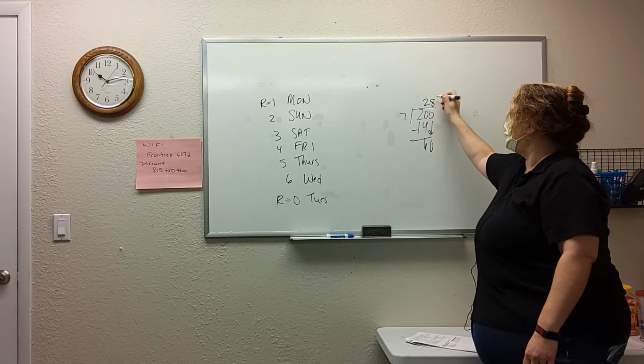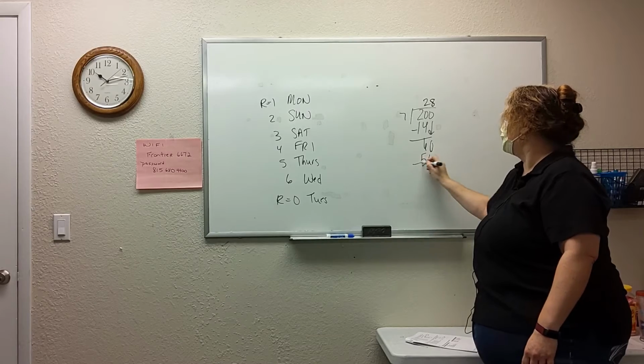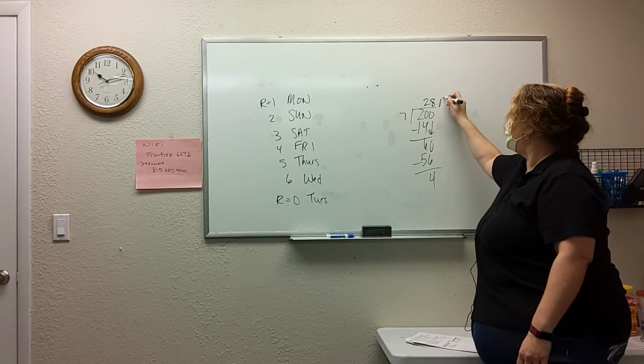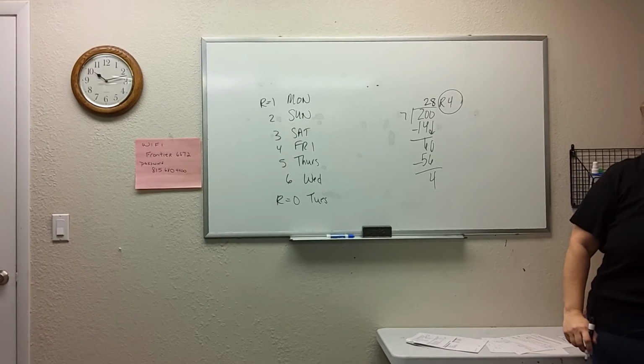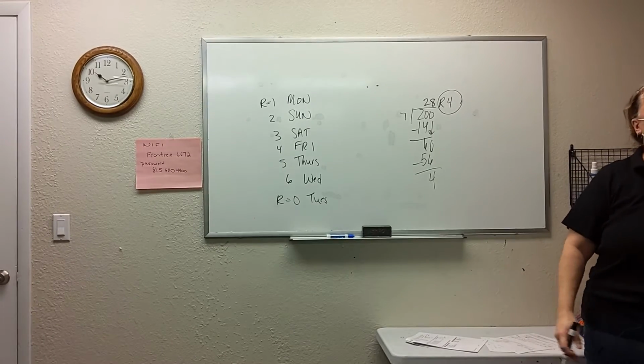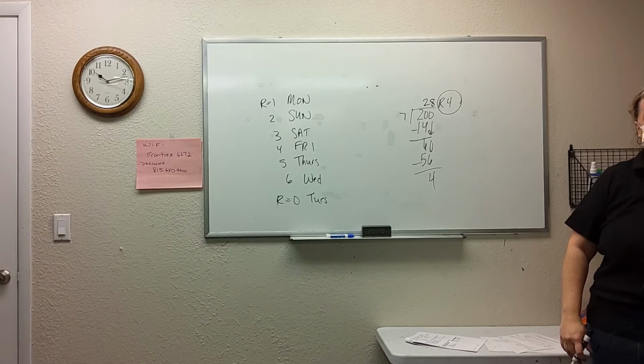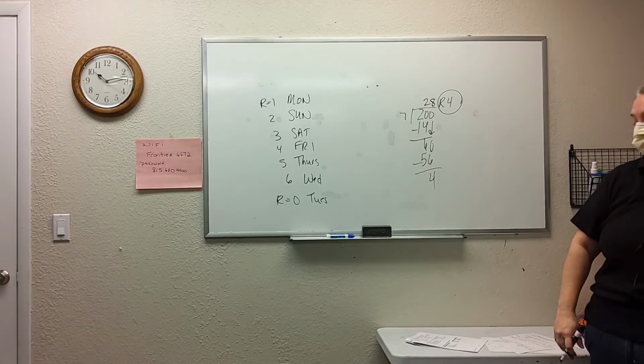It's 6, drop a 0. 7 into 60 goes 8 times. 8 times 7 is 56. That gives me a remainder of 4. So if I have a remainder of 4, what day of the week was it 200 days ago? It was a Friday. Got it? All right.